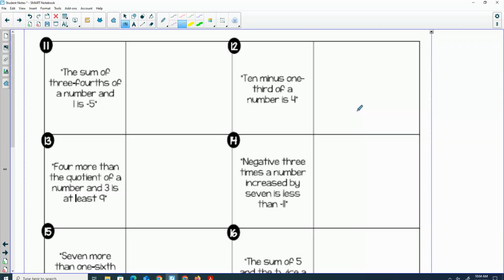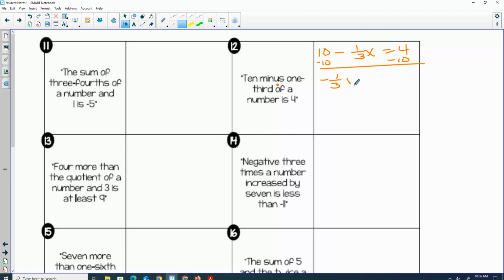Let's look at, why don't you guys try number 12 for me. So 10 minus 1/3 of means times a number is 4. So we need to subtract our 10.